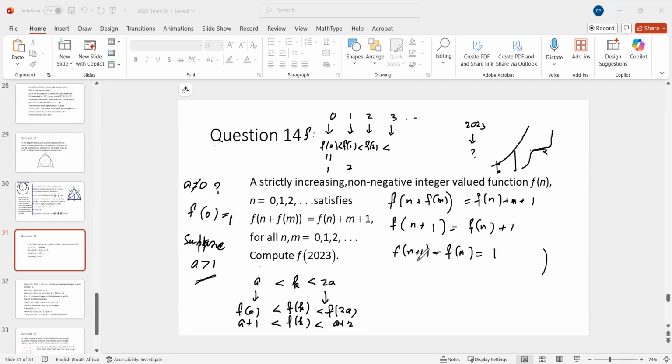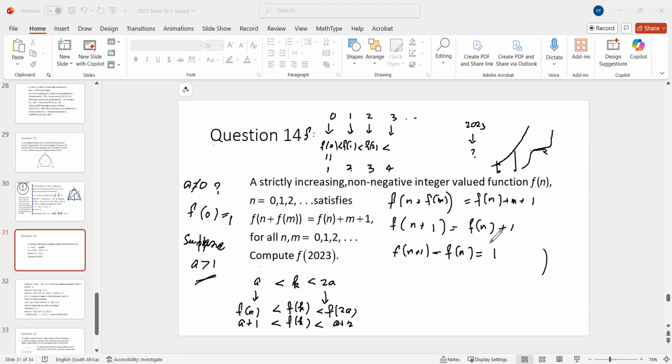In other words, the difference between two consecutive images is 1. So this is 1, this is consecutive, so this has to be 2. And the next one will be 3. Because the difference between f of 1 and f of 2 is 1. So this is really an arithmetic sequence. You keep adding 1. So f of 2 is 3, and so on.